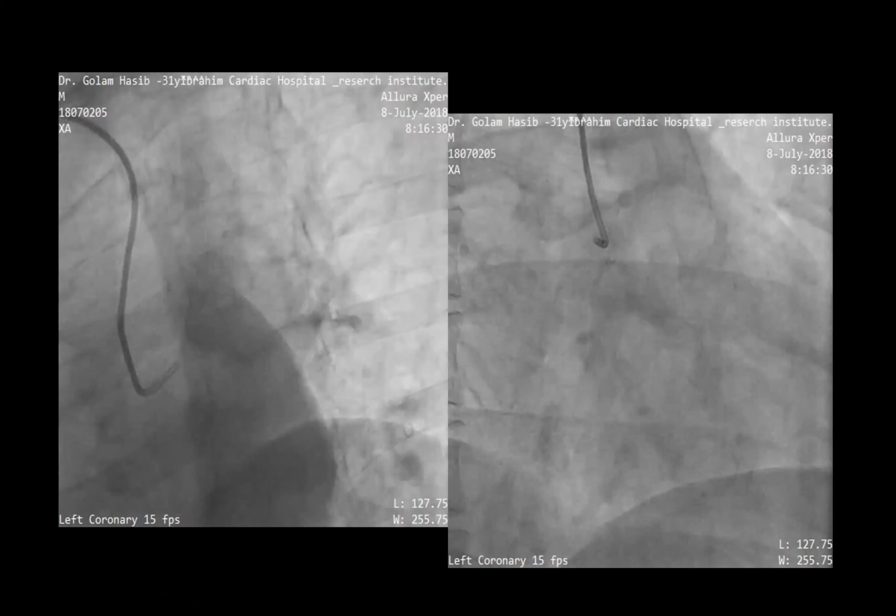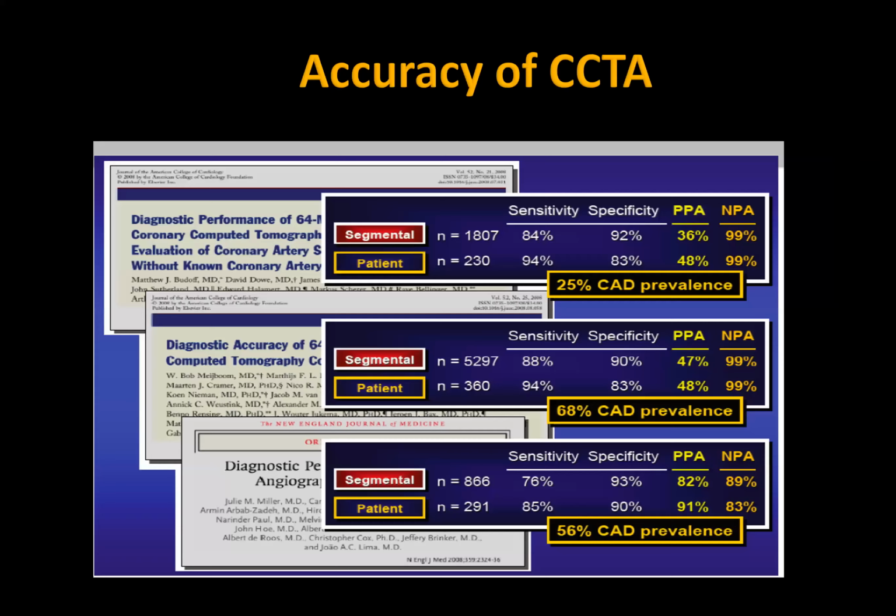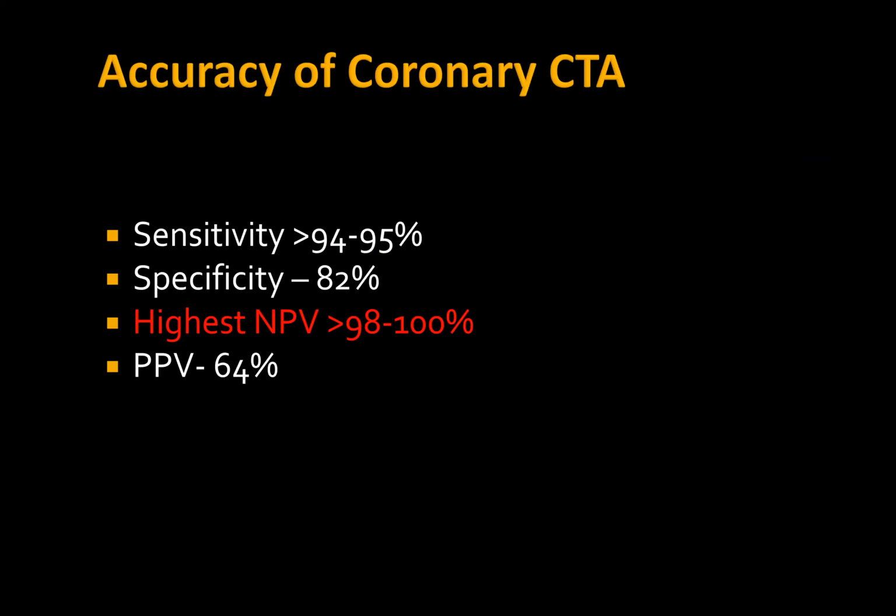In the last decade, there have been multiple studies to find out how accurate CT coronary angiogram is in assessing CAD and how it improves the guidance of cardiologists. If we summarize all the studies, two points are important here: the sensitivity of CT coronary angiogram, and the negative predictive value.